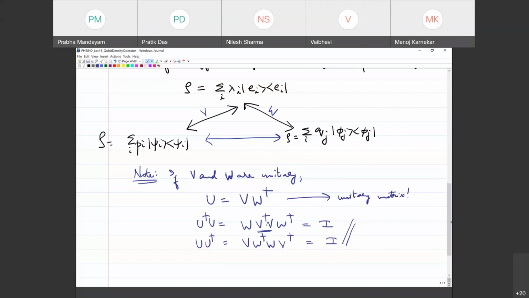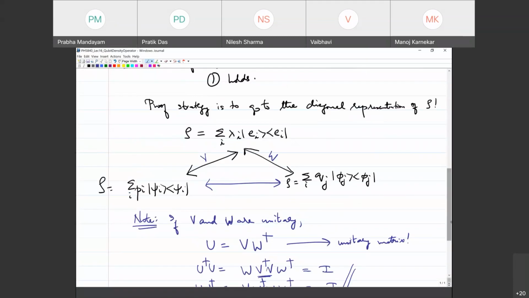Okay, so this is the essence of the proof. The details just require careful working out of things. The key reason why these two turn out to be unitary is related to the fact that there is one description of the state which is in terms of orthonormal states. While these states are normalized, they are not orthogonal, but because there is one description which is always in terms of linearly independent or orthogonal states, that gives rise to the fact that these things can be related by unitaries.